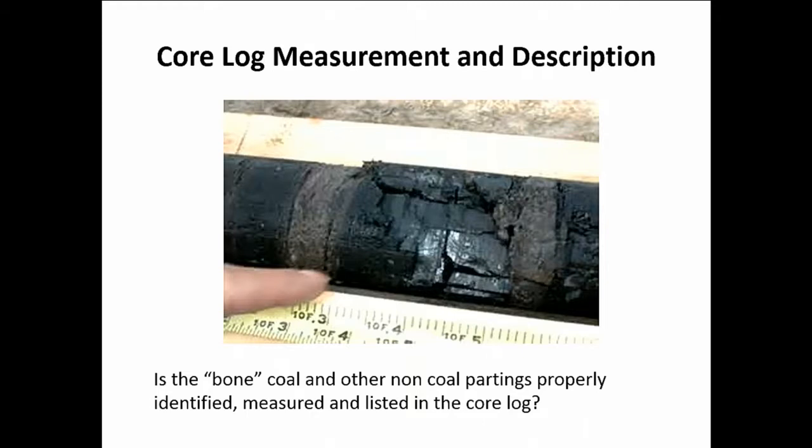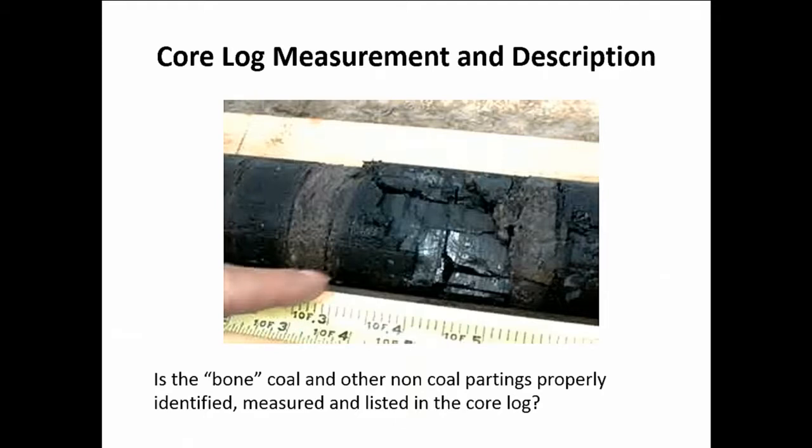Good geologic reports include photos of the coal, not all, but some. And here's where the rubber meets the road. Is the report going into the detail to identify and describe the thickness of non-coal units? The index finger shown in the photo is pointing to some non-coal bone, which is coal that has clay or detrital material in it.